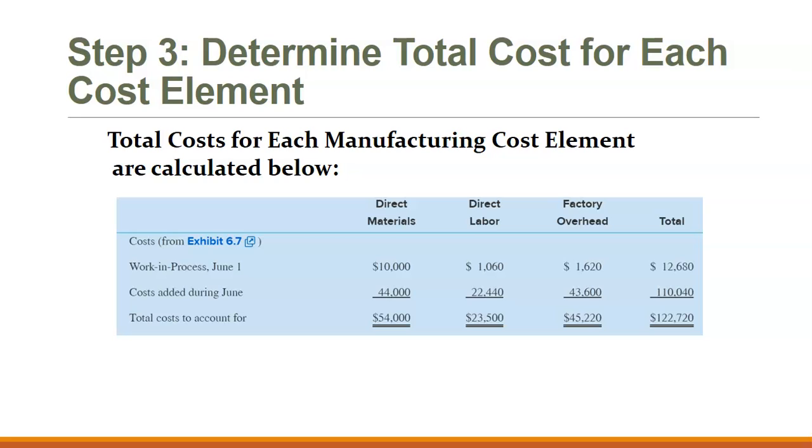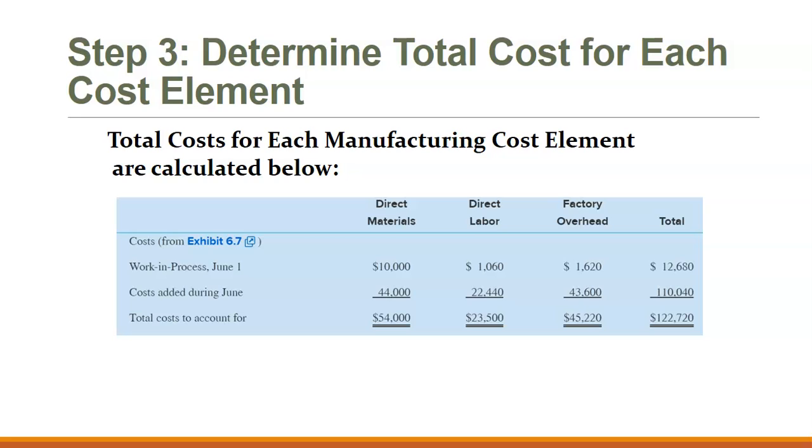The next process is to determine the total cost for each cost element. So in the weighted average method, we add those costs together. We have our work in process costs plus the cost that we added during the month of June, giving us total cost to account for of $122,720. We then allocate those costs.